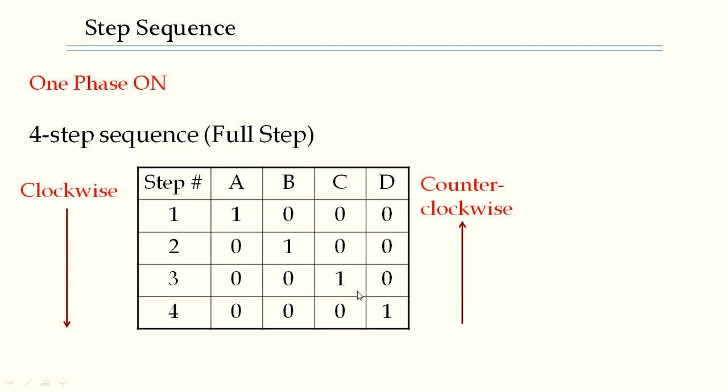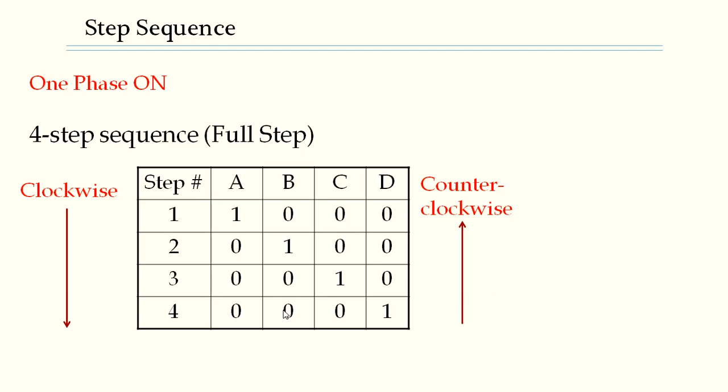Next, when C is energized, it moves along C. When D is energized, it moves along D. So you see that the step sequence of 8, 4, 2 and 1 will make the stepper motor rotate in the clockwise direction.